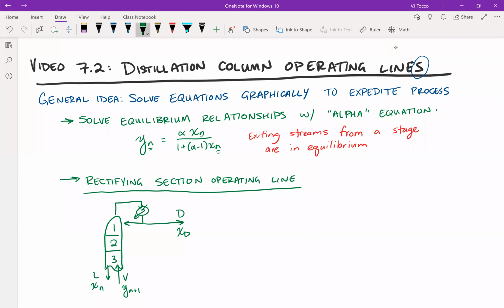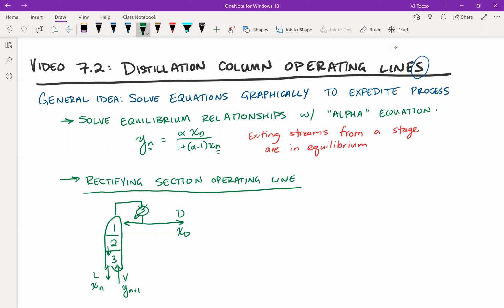So here is a process flow diagram of just the top section of a column. Note my notation here. I can generalize this, and it is accurate no matter how many stages I drew here. I drew 3 arbitrarily. But no matter what, my L and my V are going to be okay without subscripts, because remember that L2 is equal to L3 because of the assumption of constant molar overflow.